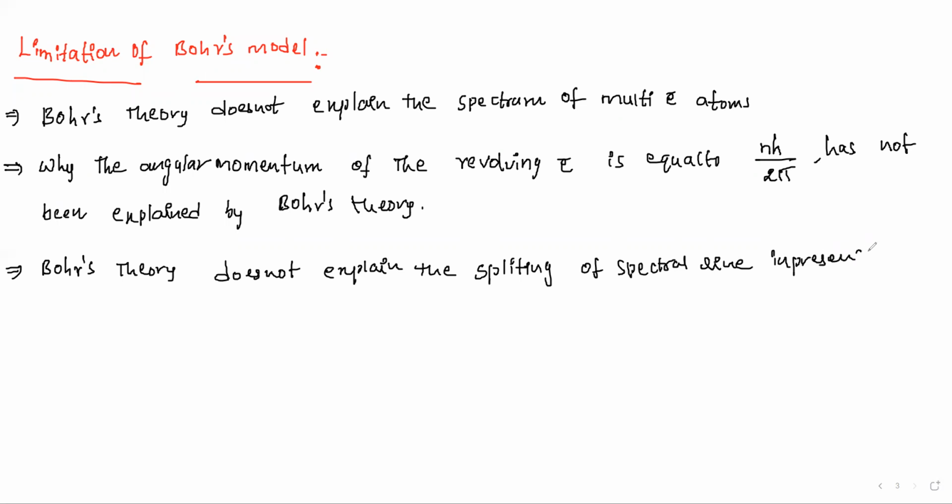When there is splitting of spectral lines in the presence of magnetic field, that is called the Zeeman effect.